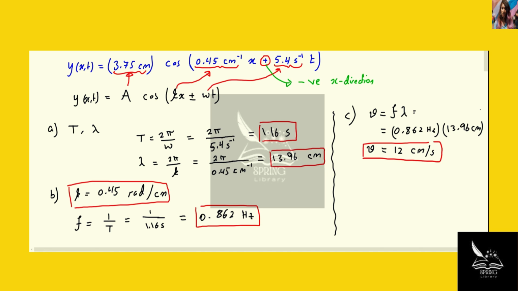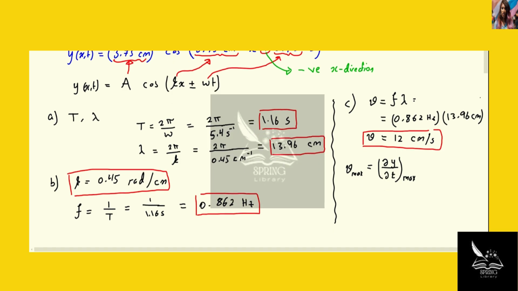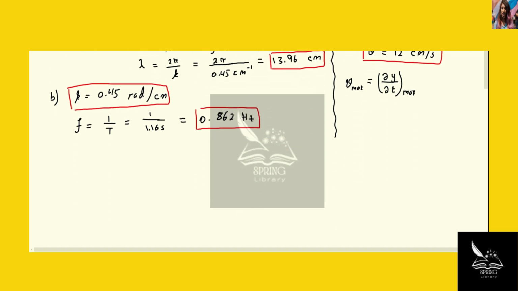And the maximum velocity, Vmax, is equal to the maximum of the first time derivative, partial y over partial t. Now let's start first by finding the time derivative of the wave function.